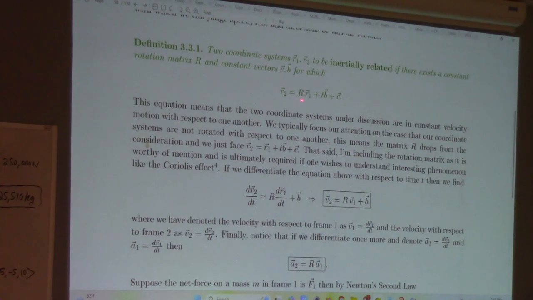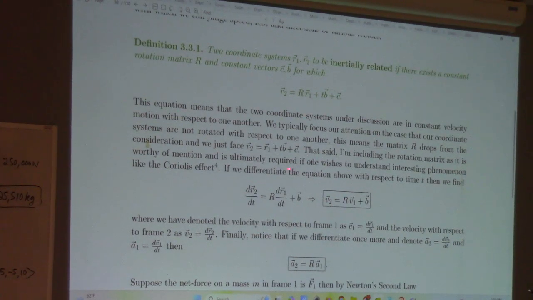See, if I put r1 equal to 0, that gives me r2 is equal to tB plus C. That describes where r1 equals 0 in the r2 coordinate system. So basically, this B is the velocity of the first coordinate system as measured by the second coordinate system. Anyway, so this is the relation between the velocities.